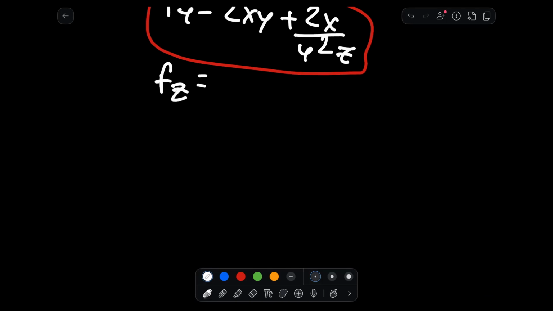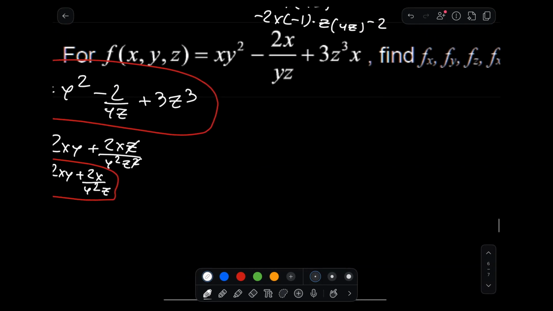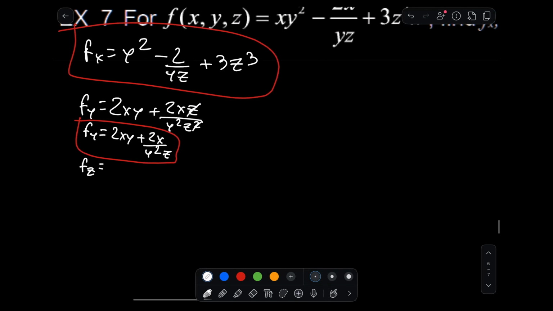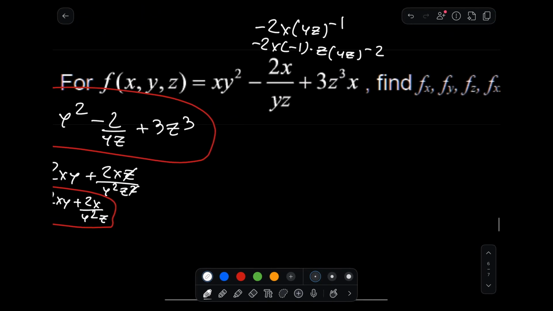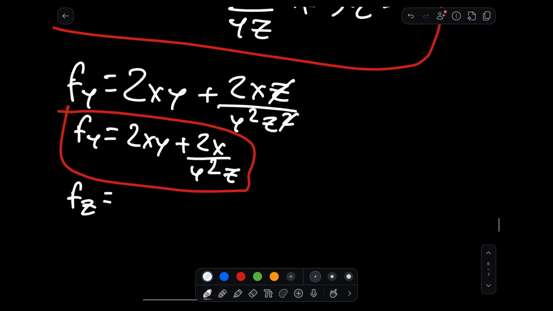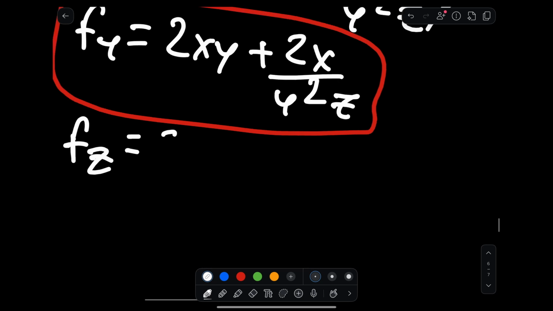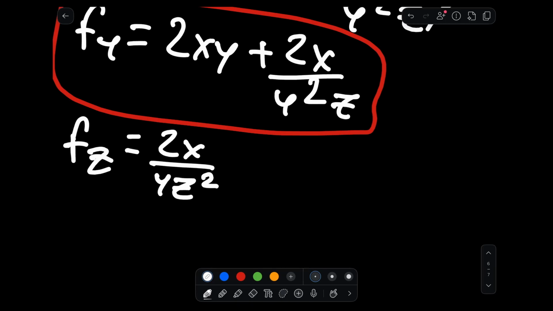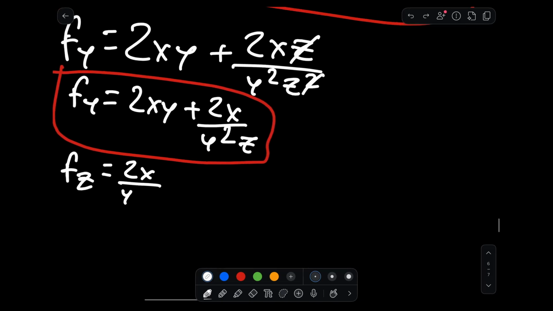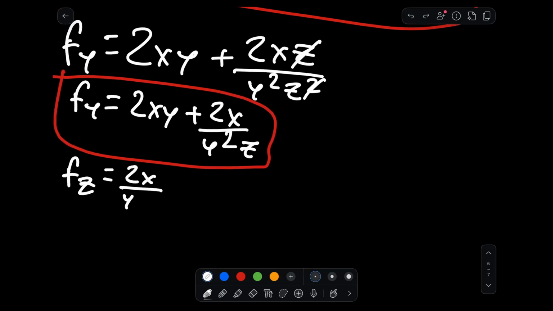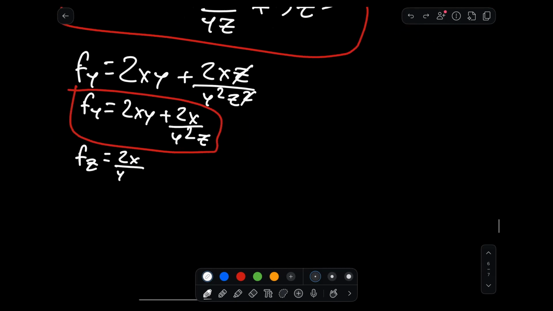f sub z, because there's no, f sub z, the first term's constant, the second term we have to do the exact same thing, but we can just replace the x with the z on the top. Just kind of cheating, but all is fair in math. And it's supposed to be 2x.